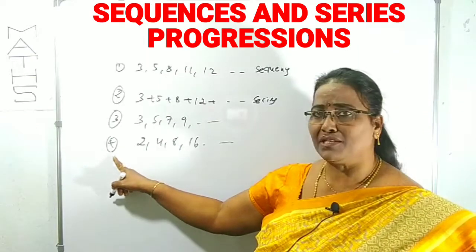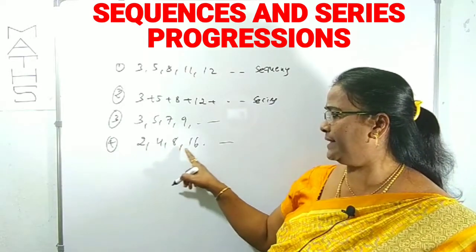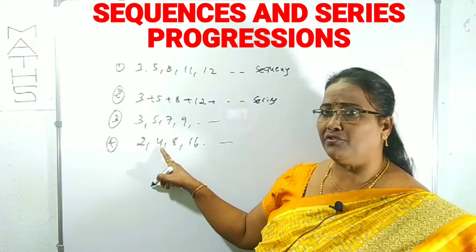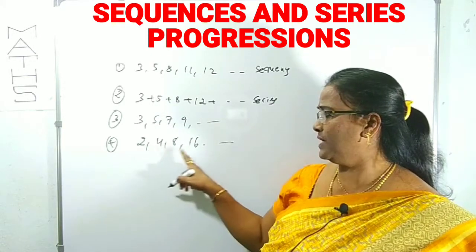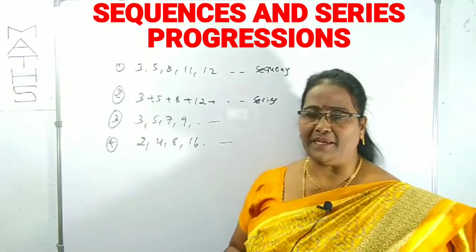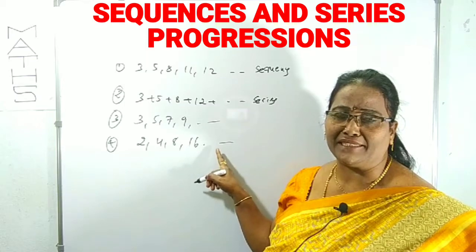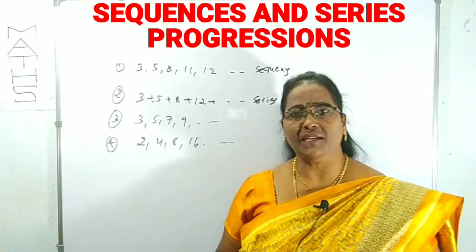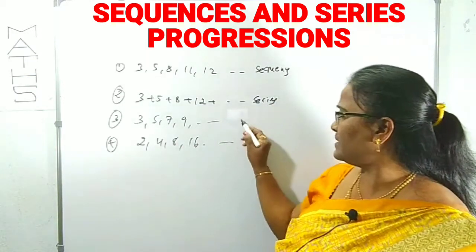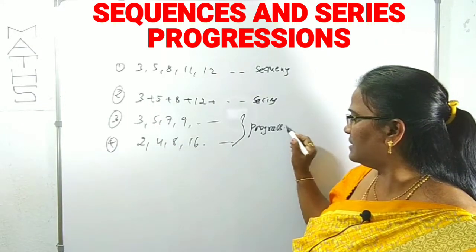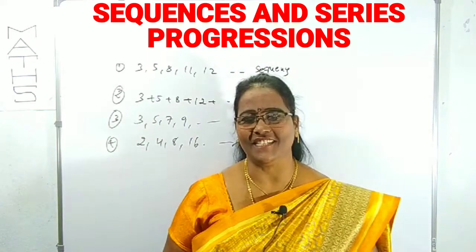Here also you can observe 2, 4, 8, 16. In this sequence, the ratio of 4 by 2, 8 by 4, 16 by 8 is the same. It also follows a particular pattern. Such a type of sequence is simply a progression. So these two examples represent progressions.